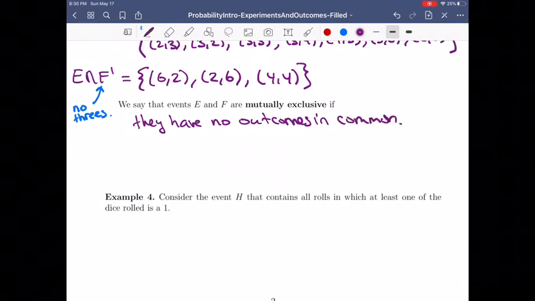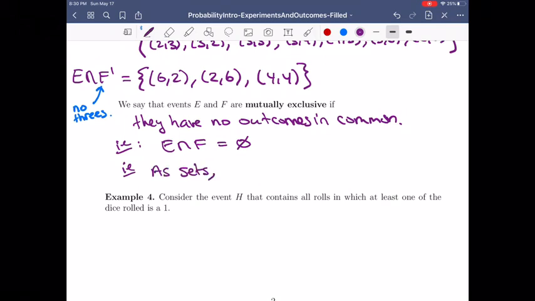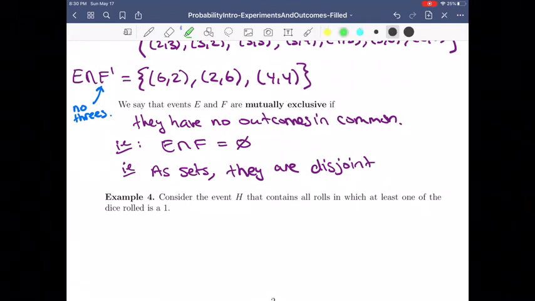Another way to say that is that their intersection is empty, or, as sets, they are disjoint. That's the word we used before. It means the same thing as mutually exclusive, but when we're in probability world, we use mutually exclusive instead of disjoint.